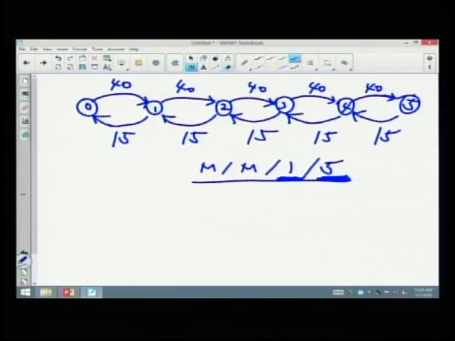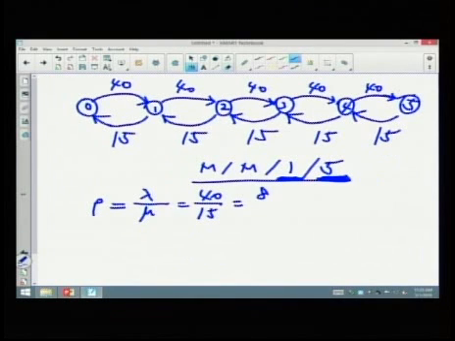So here, the utilization of the server is lambda over mu, which is 40 over 15, eight over 3. And how can we get the steady state probability distribution for this case?